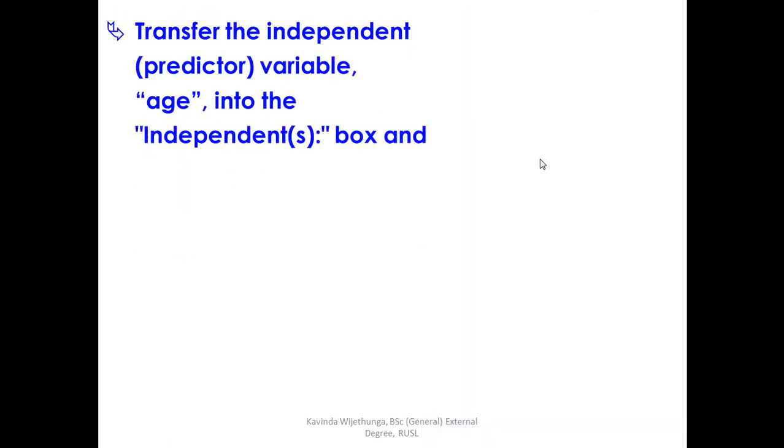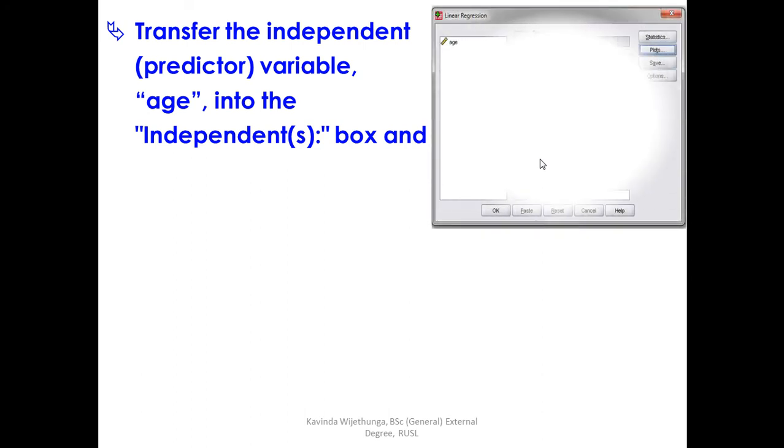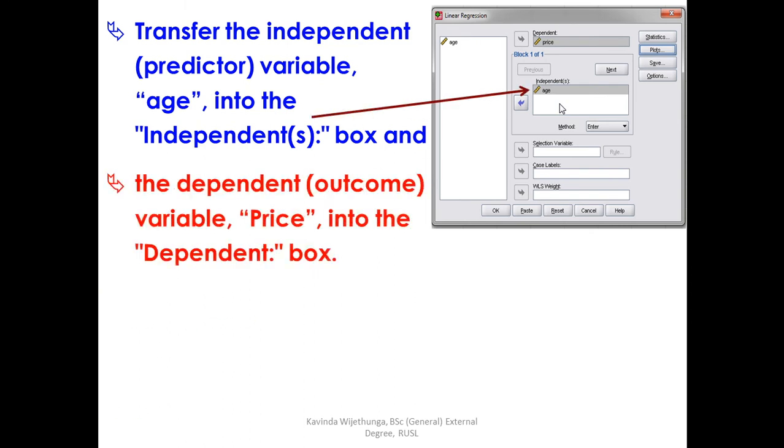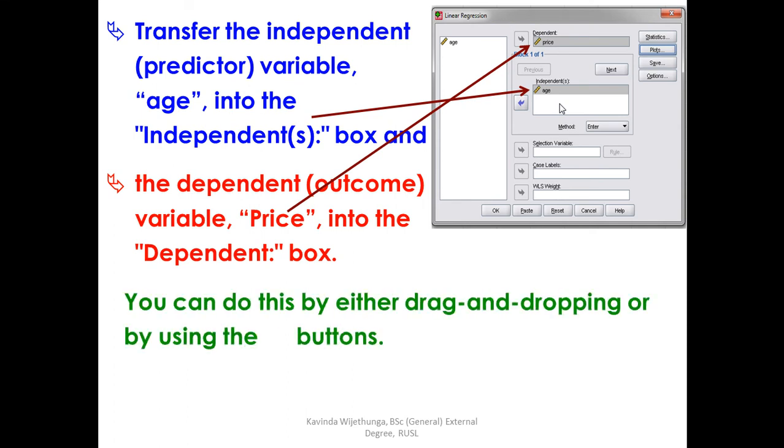So transfer the independent variable, age, into the independent box, and the outcome variable into the dependent box, this one. You can do this either by dragging and dropping or using these buttons, then click the button.